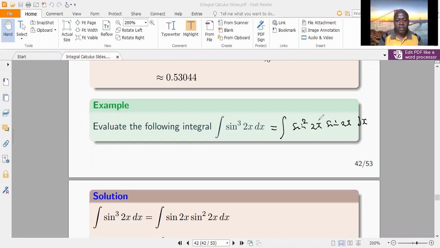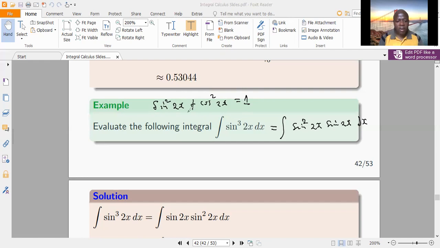Convert this to cosine. What I know is that sine 2x squared plus cos 2x squared will give you 1.